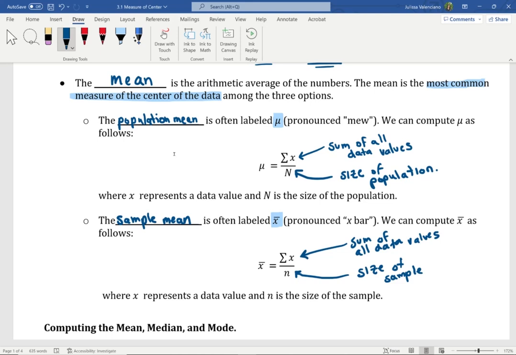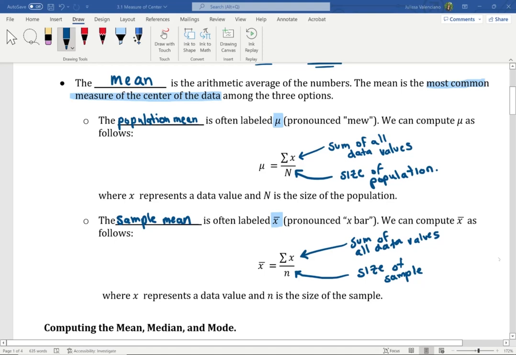Now, when we talk about the population mean, let me give you an example. If I look at the placement test scores for all GRC students and I compute the mean using those scores, then I'm computing the population mean. Notice I said I'm looking at the scores for all GRC students.